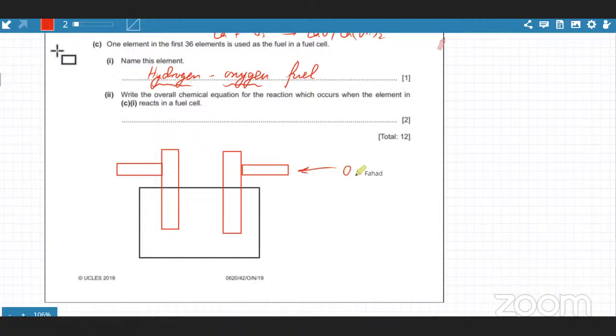On one side there would be oxygen gas, and on the other side hydrogen gas coming in. There's going to be a platinum catalyst in the middle. Let's assume this rod over here, the green one, is the platinum catalyst. That catalyzes the reaction and speeds up the whole process.